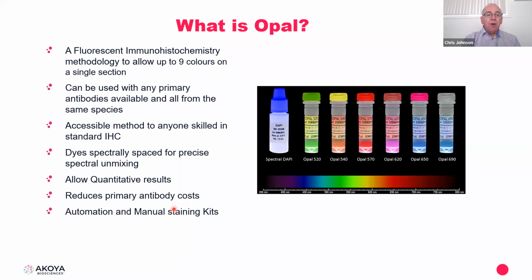The dyes themselves are spectrally spaced for precise spectral unmixing, which is a technique that we use to interpret and analyze multiplexed data. They are quantitative, and they can reduce the cost of your primary antibodies, as we'll see a little later. And importantly, they can be applied to both automatic staining devices and manual staining methods.